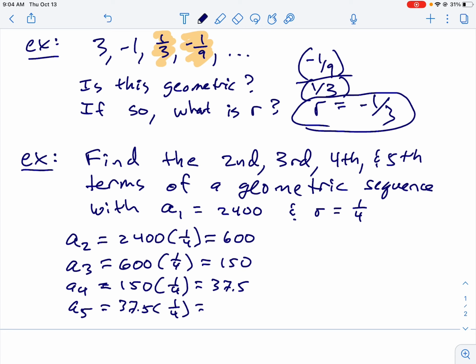But that was 9.375. Okay. Everybody good with that? Okay, so these questions aren't too bad, right? You just kind of have to know what everything means.